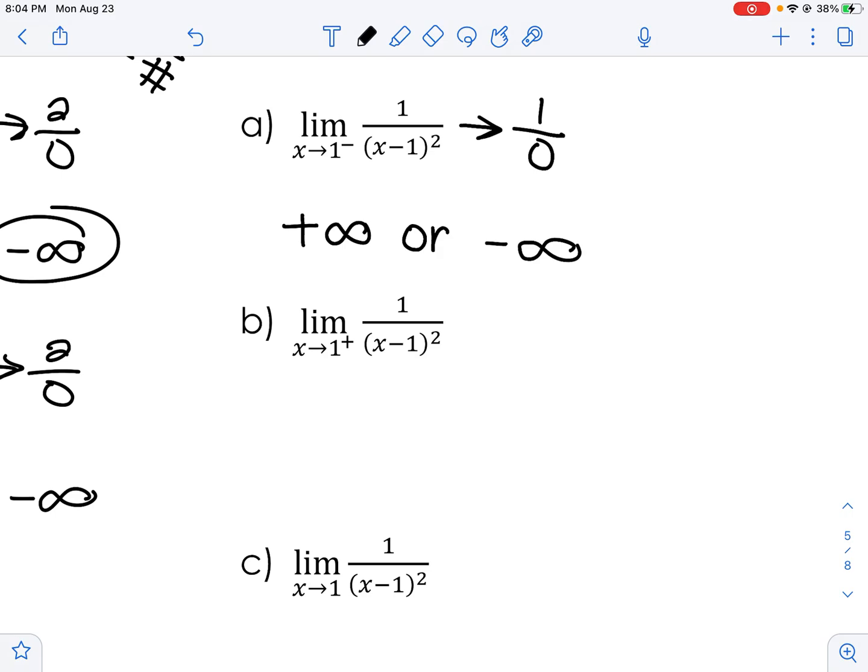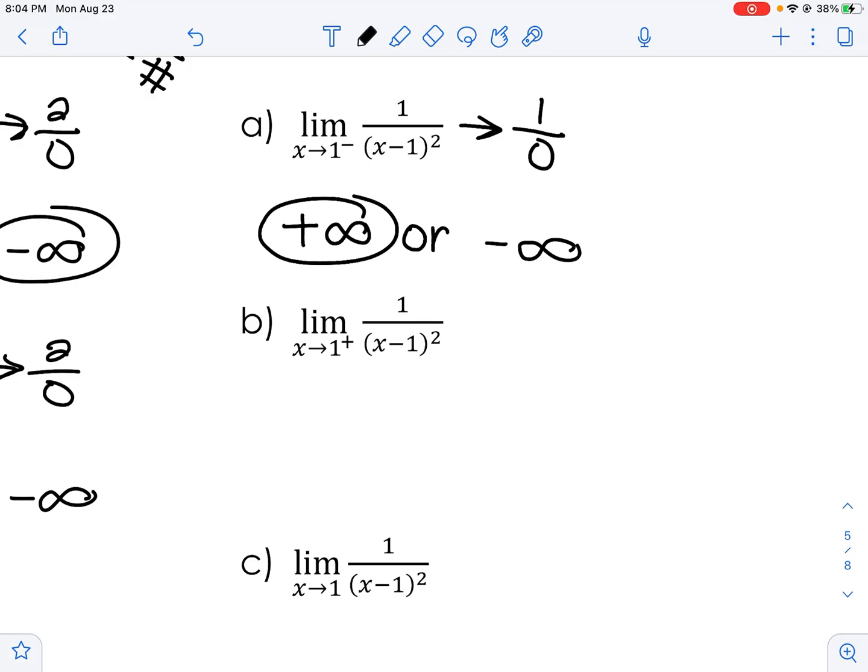Okay, so I'm going to pick a really close number to 1, but a little bit smaller, so 0.9999. So when I do that, I get 0.9999 minus 1. It's a negative number, but I square it, which turns it to a positive number. And a positive number divided by a positive number is another positive number.